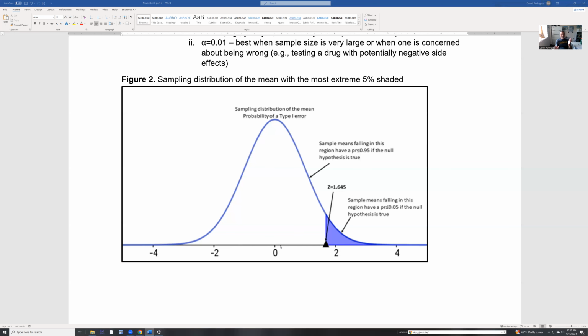So the thing is that we want to be sure that we have a difference that is truly significant. So the further and further away our cutoff point, which is based on our alpha, our probability of a false positive result, the less likely this is to be a chance finding.